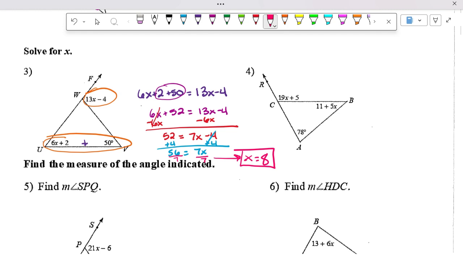So whatever I get here, this should be equal to 100. 13 times 8, that's 104, minus 4 is 100. So 100, 100. So it works. That's always a good way you can check yourself.